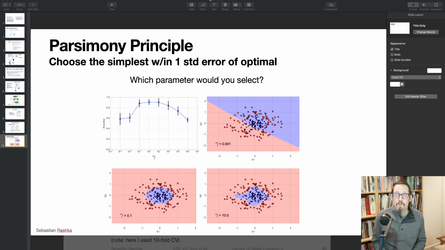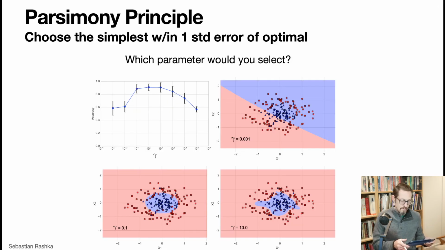If this is your accuracy score, and these error bars here are the standard errors of the performance across the cross-validation folds, each one of these dots is the mean of the cross-validation performance, and around it is standard errors.